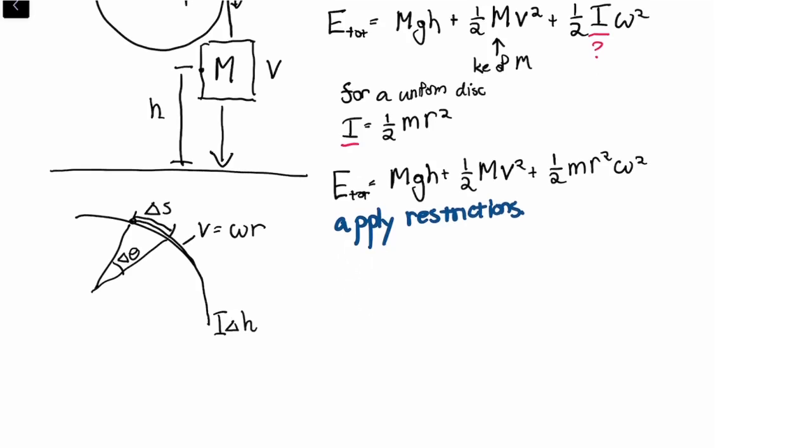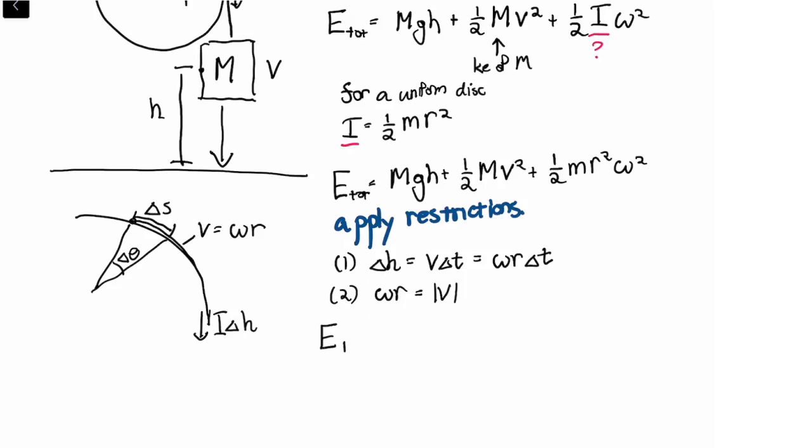Therefore, we have two restrictions. One is delta h is equal to, right, of course, the velocity of the wheel times delta t, which is also equal to omega r delta t. So this is the path coverage in the same time interval. A second way of thinking about this set of restrictions is that omega r is equal to the speed of the mass, right? So if the mass is dropping, the angular speed of the wheel is the same.